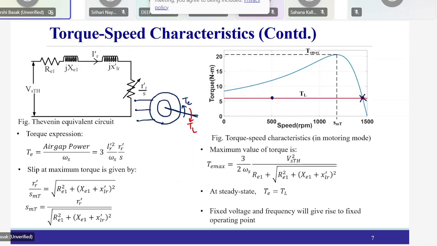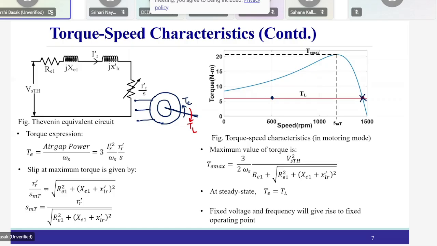So that is the whole idea of speed control. And irrespective of the load torque change, I would like to keep it fixed here. So now we will talk about the different techniques to achieve this.